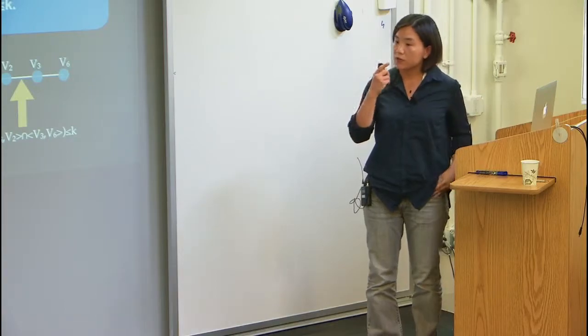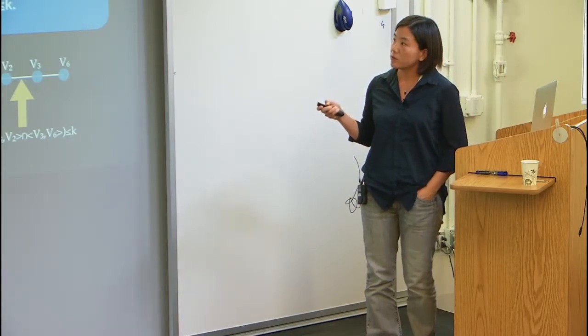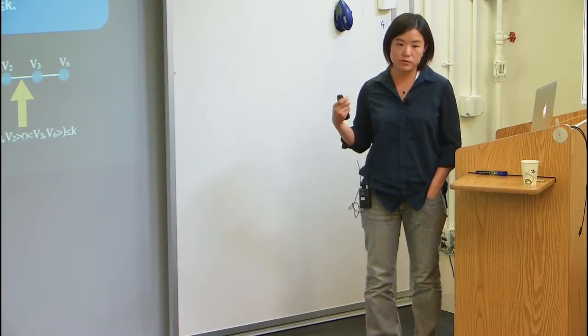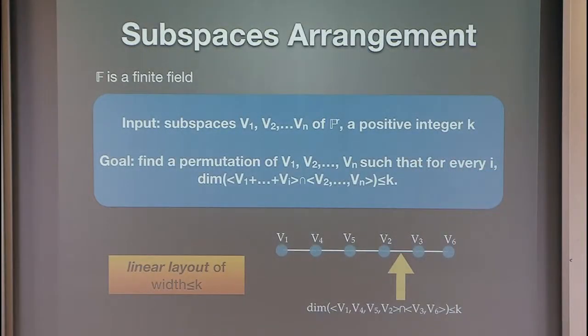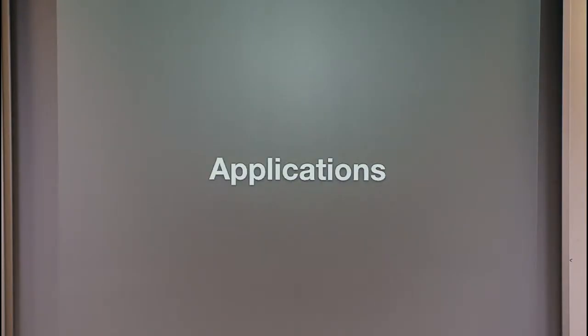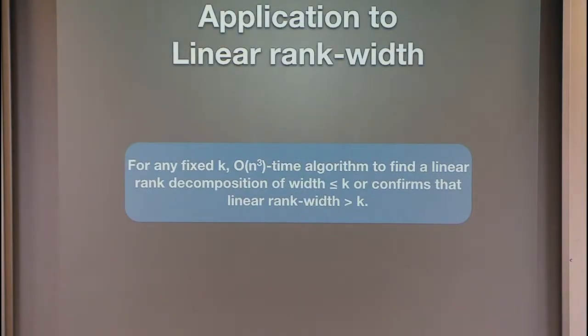So actually, we are able to prove the theorem not just for the linear layout of vectors, but the linear layout of subspaces. So instead of taking individual vectors, you can do it for subspaces, and that allows us to have new algorithms.